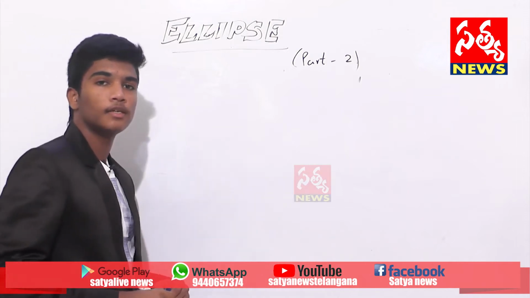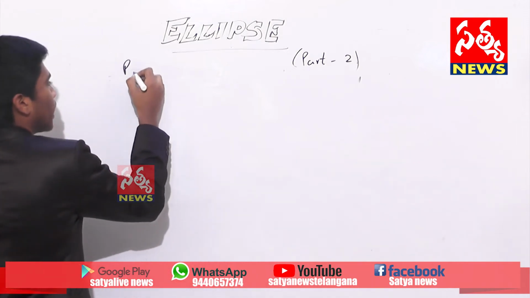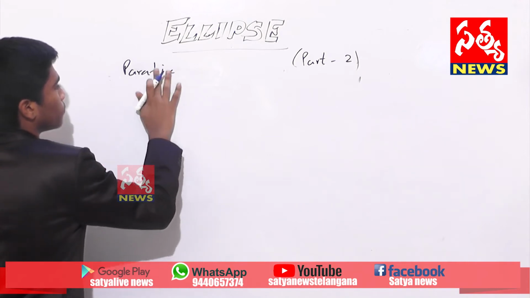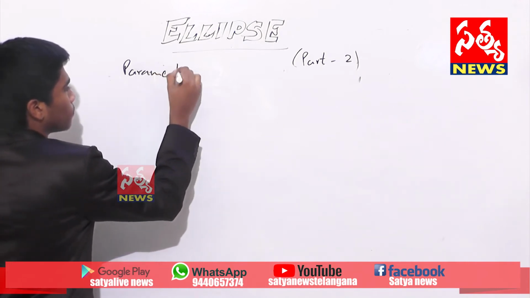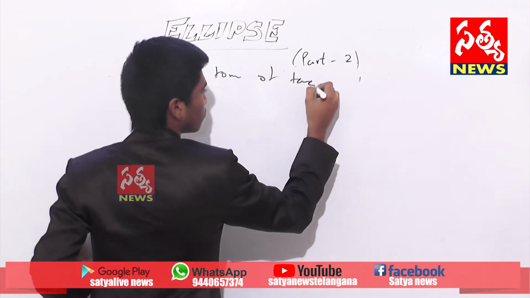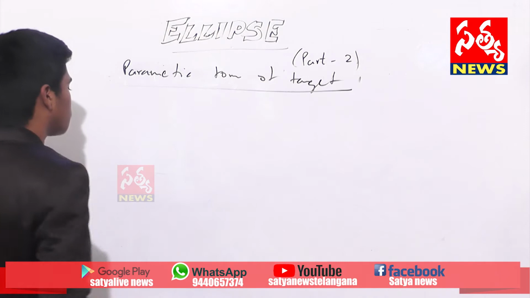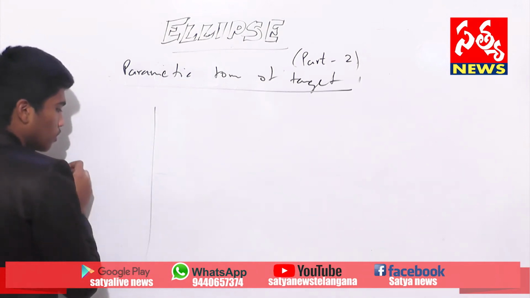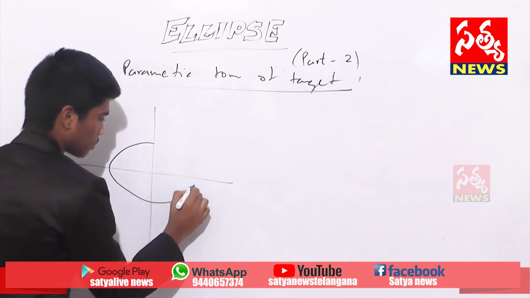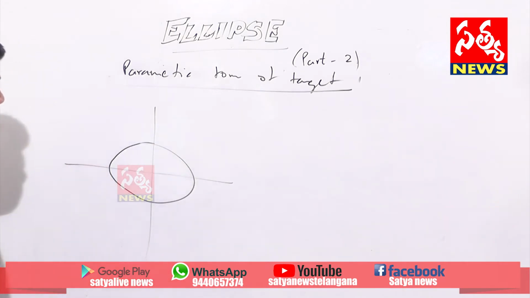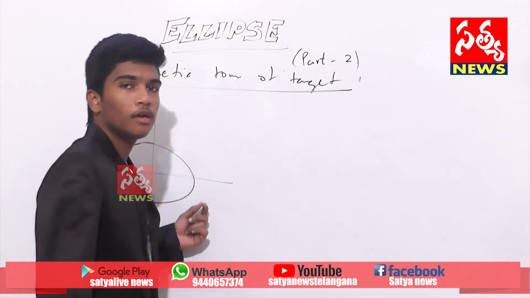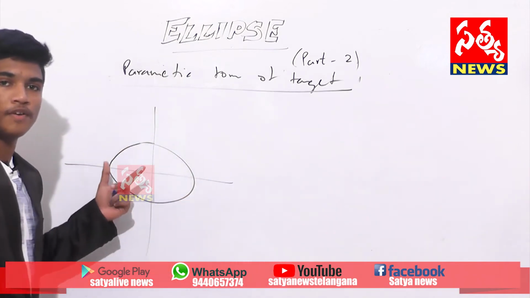Now we will discuss the parametric form of a tangent to an ellipse. First of all, let's draw an ellipse. In the first part, we discussed the parametric form of an ellipse.